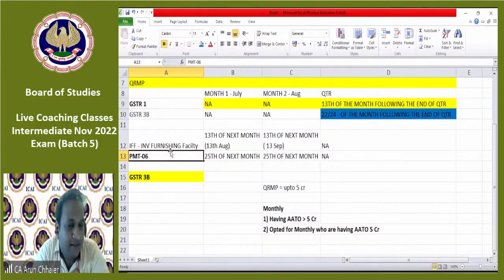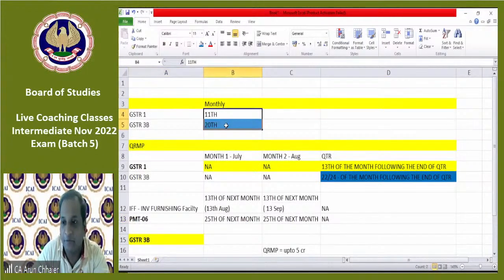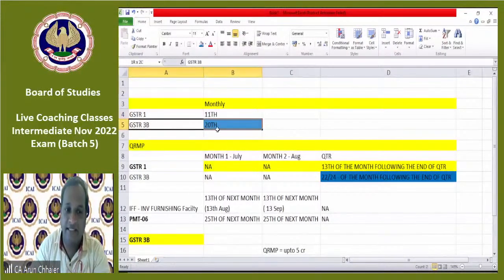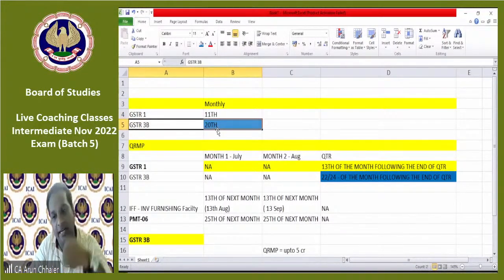No late fees in case of the IFF. No late fees in case of the PMT06. Yes, there is a late fee in case of the GSTR1. Yes, there is late fee in case of the GSTR 3B. So Rekha, absolutely correct. If I am a monthly taxpayer, I will file GSTR1 by 11th of next month after the end of the month, and GSTR 3B by 20th of the next month.